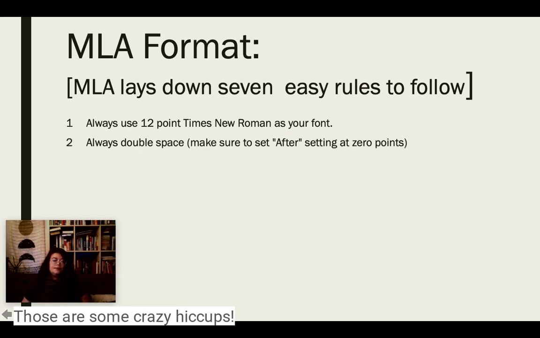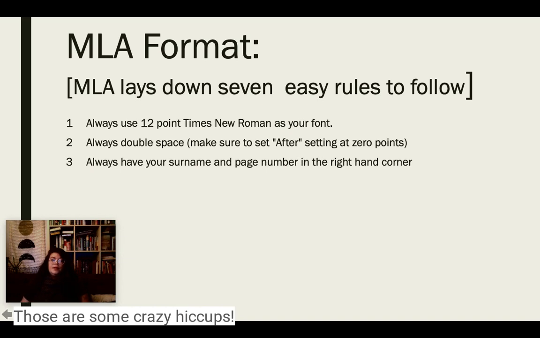Next, always double space and make sure the after setting is at 0 points, right? We've already gone over this in class together, but if you don't click that box that says do not add space between paragraphs of the same style, it's going to make your paragraphs double spaced, which is going to affect format, which will then affect page count.